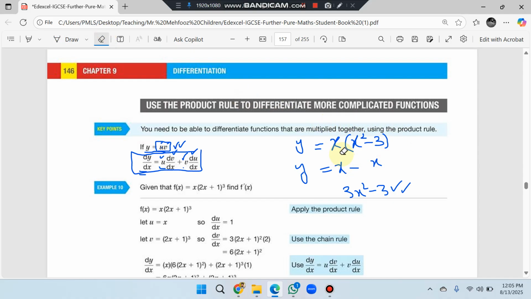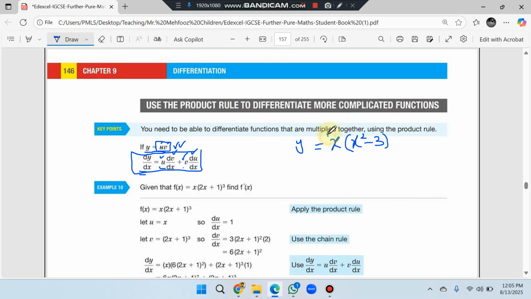Now we can solve it by using the product rule. And how can we find it? First of all, you can write this as your first function, that is u, and this is your second function, that is v, right?